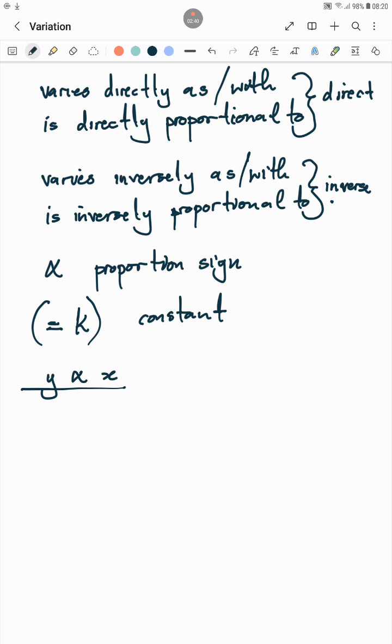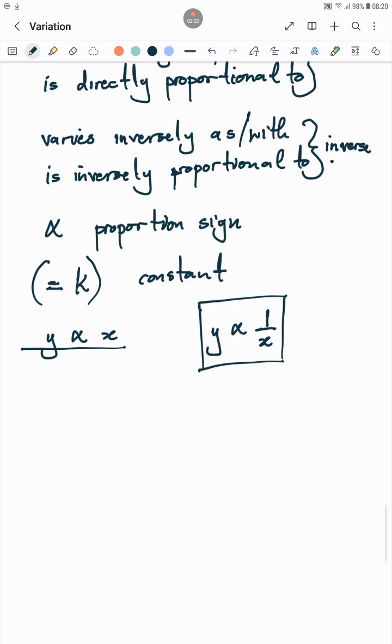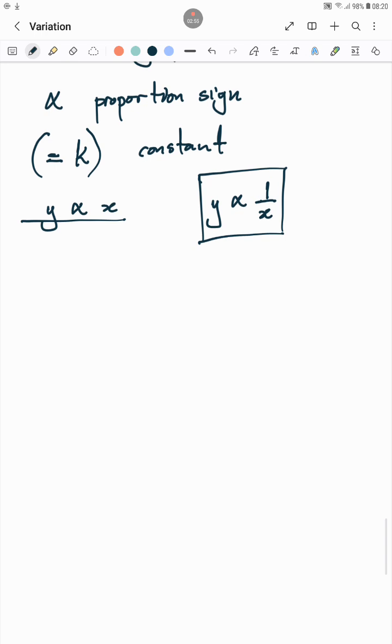And if it said y varies inversely, then it will be varying with the reciprocal of x, like this. That is the difference between inverse and direct variation. So here we say y is equal to kx, and this constant is multiplied by the variable on that side.